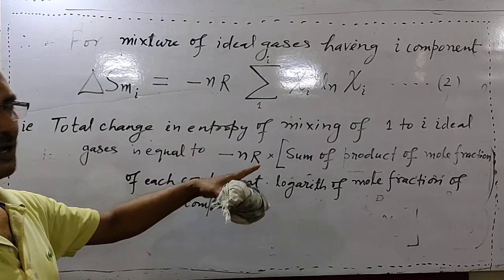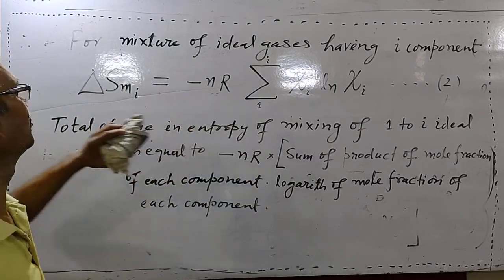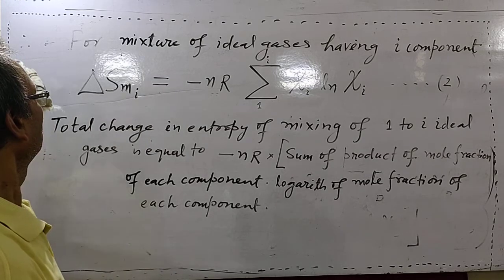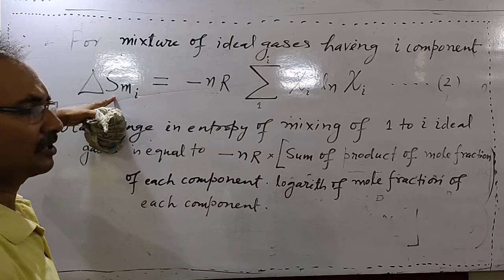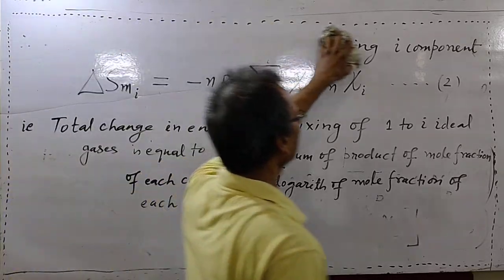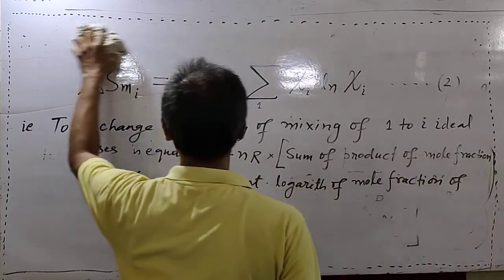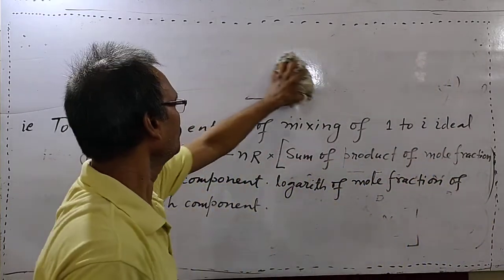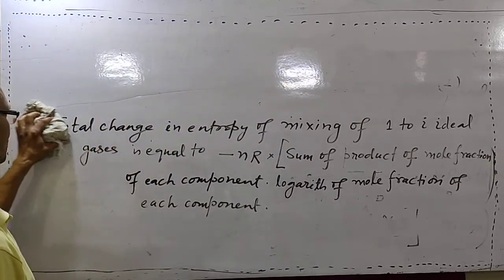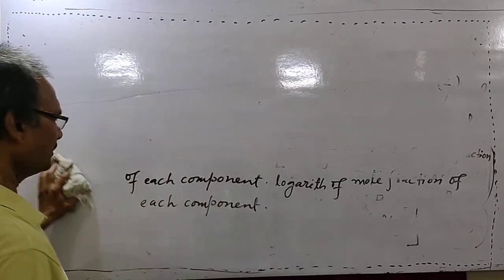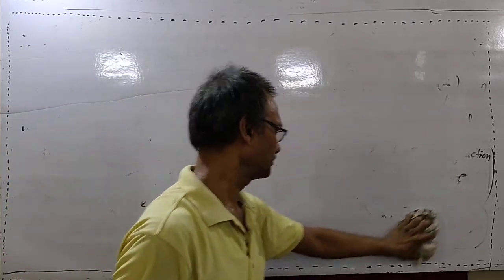Thus equation 1 and equation 2 are the total entropy change of mixing: one is for two ideal gases and equation 2 is for I ideal gases.